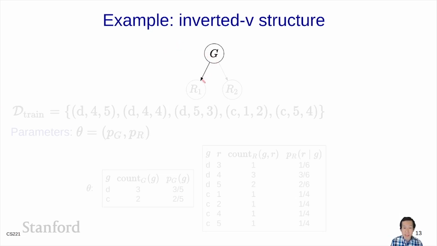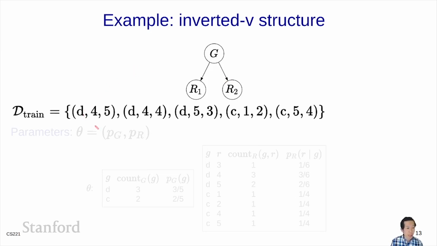It's going to be the same Bayesian network here, but the parameters are different. In particular, I'm going to consider a single parameter of R given G instead of having P of R1 and P of R2.